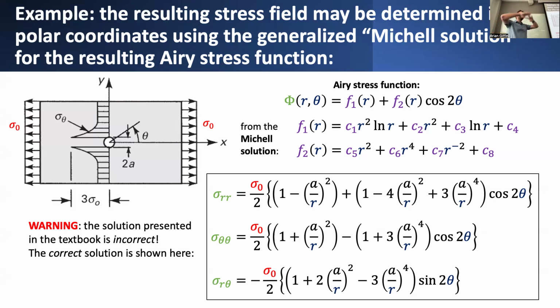So you don't have to guess the full suite of all possible expressions to represent the Airy stress function. You can imagine it could be a very long list of different functions. You could say, well, maybe let's look at functions of r and functions of r squared and functions of r to the third and so forth. And maybe there are other types of functions that you might be interested in. Maybe the exponential of r or the logarithm of r.